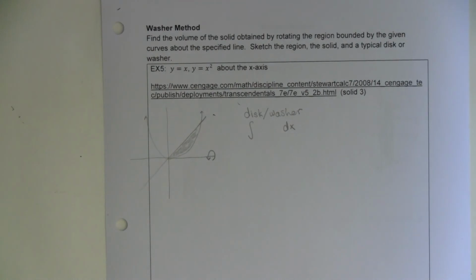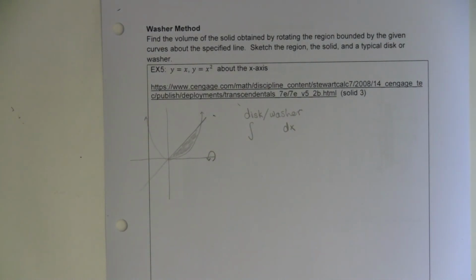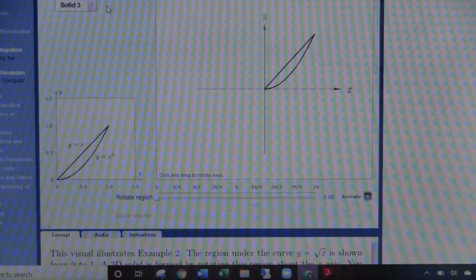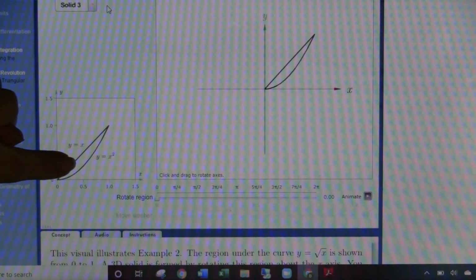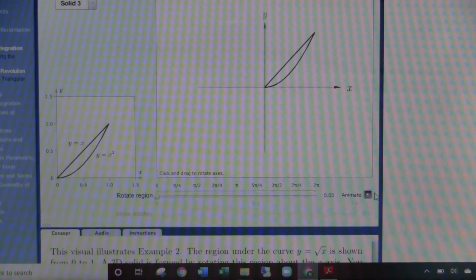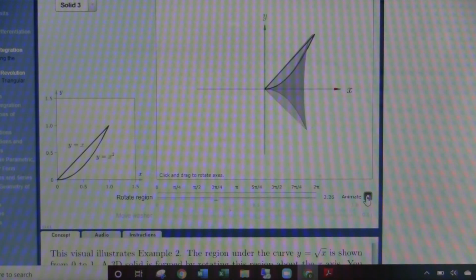This is figure 3, so I want to show you it here. In boomer fashion, right? Putting my computer underneath my thing, so that we can see it. And you can see that this is the drawing that I have currently, and over here is where they're going to make the three-dimensional drawing so that we can see it when it's rotated around the x-axis.